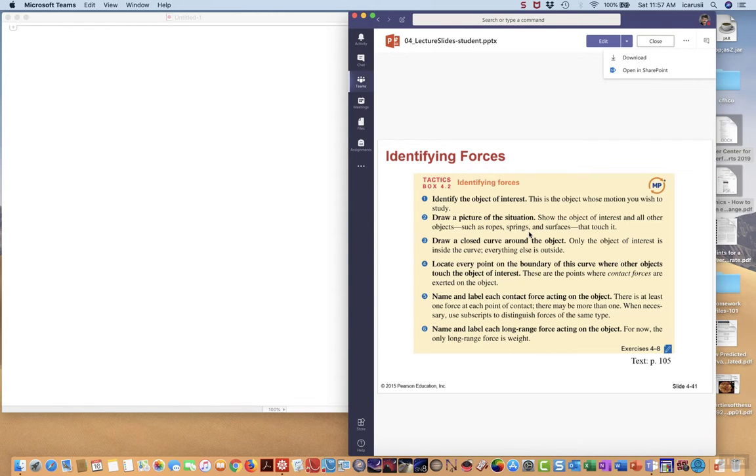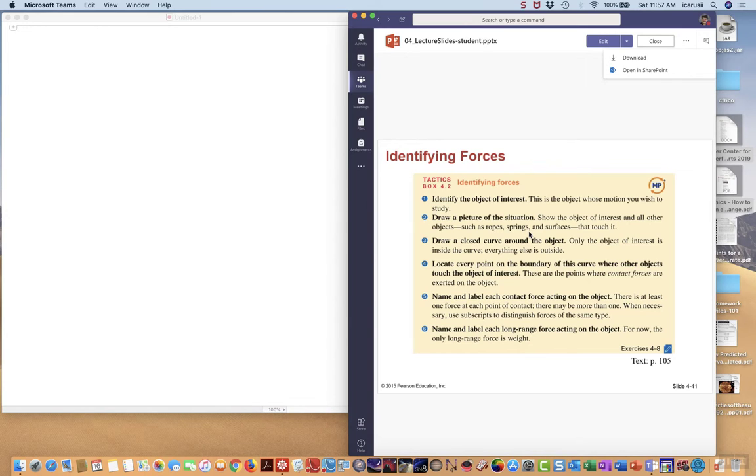Everything else is outside. And this is important because remember, Newton's third law actually generates what is called a system, and that's a set of interacting bodies. It could be the table and an IO lab, or it could be a monkey hanging from a branch of a tree. Either way you go, you have to know what object you're working on and what object you need to study the forces for.